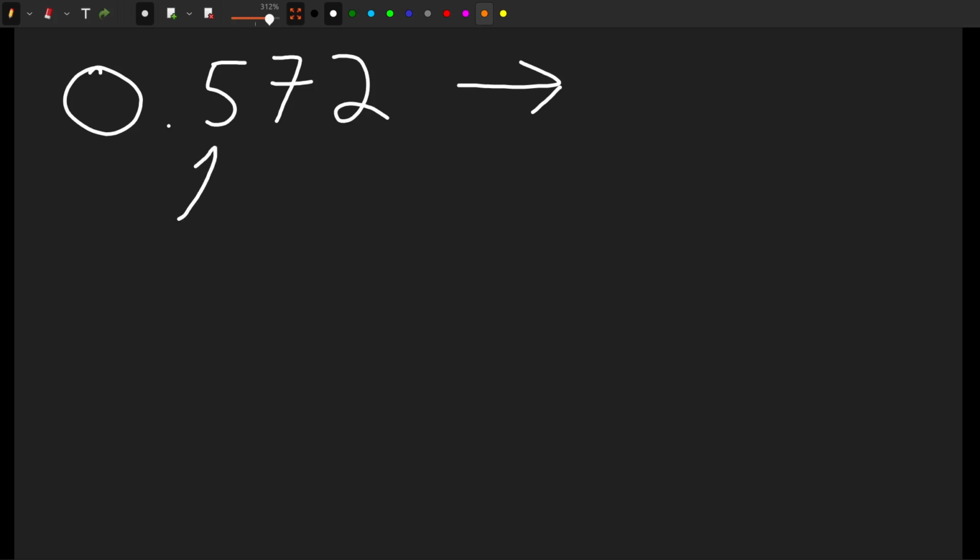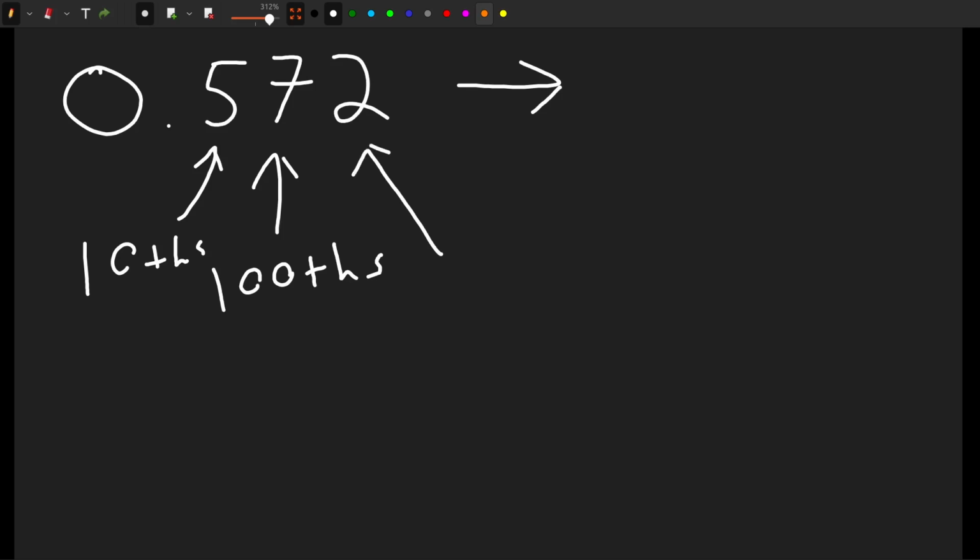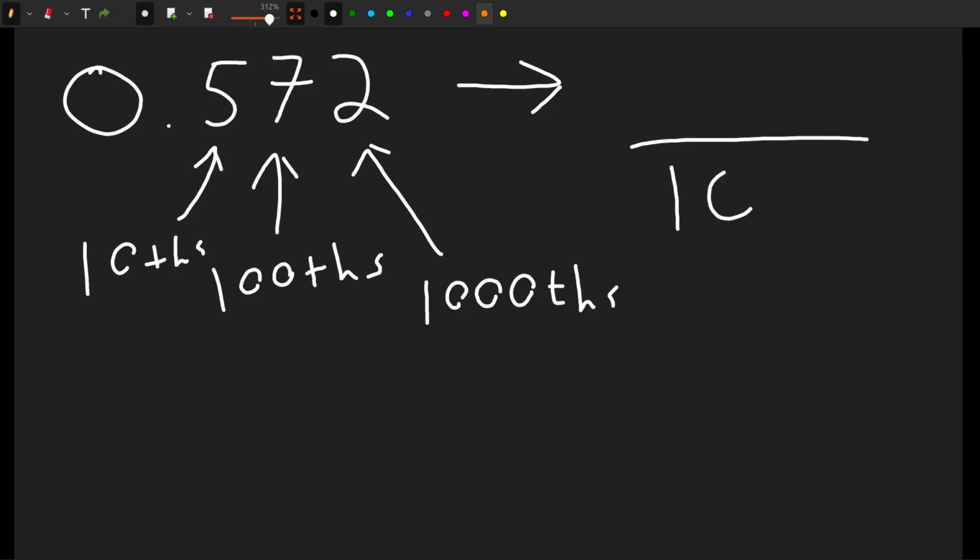We have the tenths, which I'm going to represent by a 10, the hundredths, and actually I'm going to put a THS after each of these, and then the thousandths. Okay. Now this is going to help me because the final place value that I have, which is the thousandths, is now going to become my denominator. I'm going to have 1,000 as my denominator, and 572 is going to go on top.